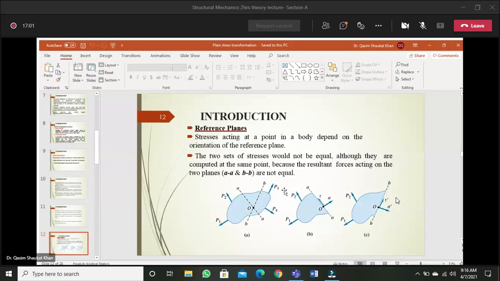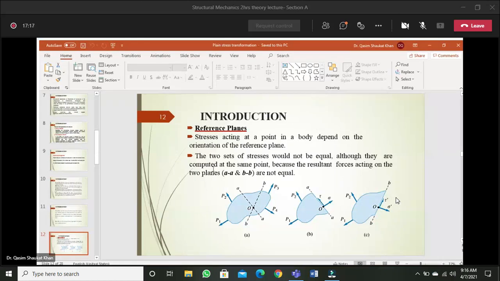So the two sets of stresses would not be equal, although they are computed at the same point, because the resultant forces acting on the two planes are not equal. Basically it's the resultant force which is changing.